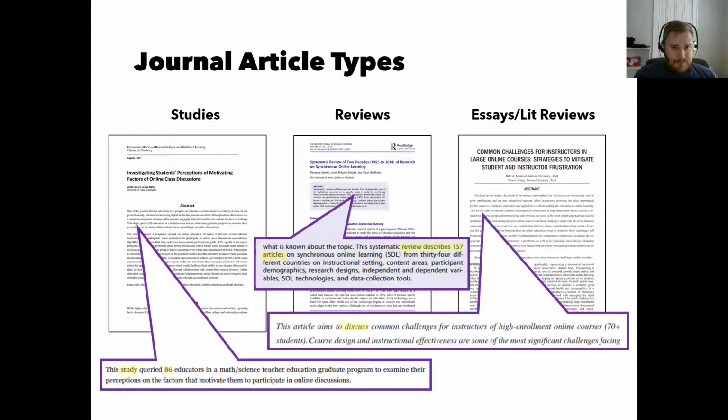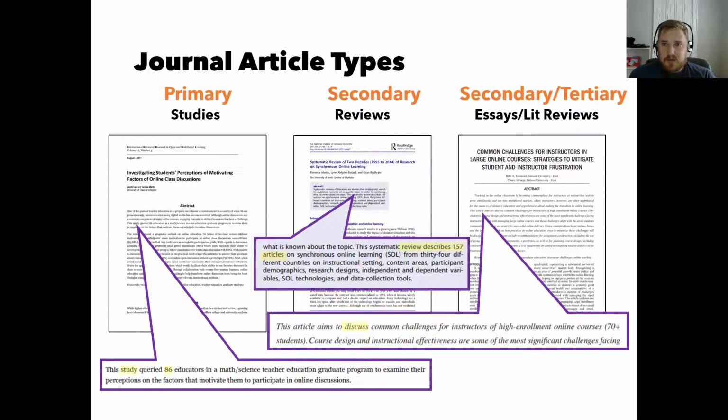And so jumping back into our journal articles, there are a few different types, and they all depend on how close they are to getting that raw data that's collected. I know this sounds a little confusing, but basically I've classified it into 3 different types. So there are studies.